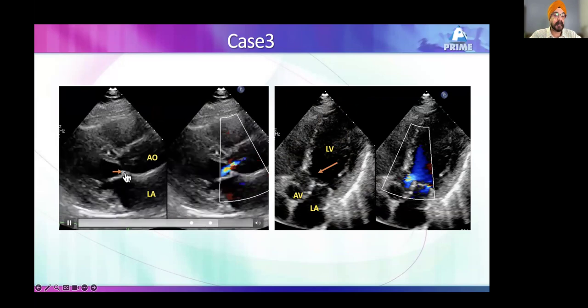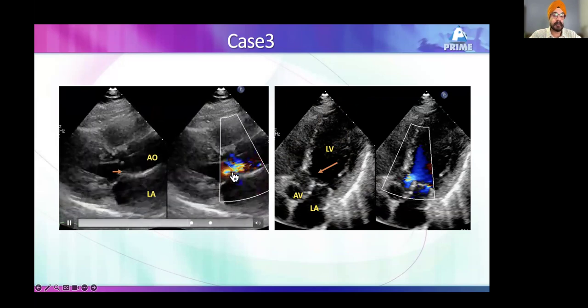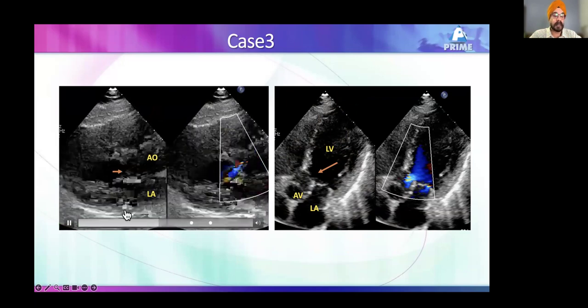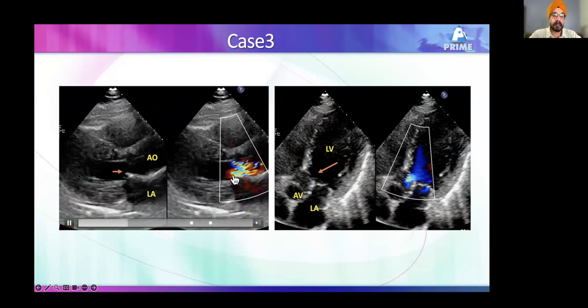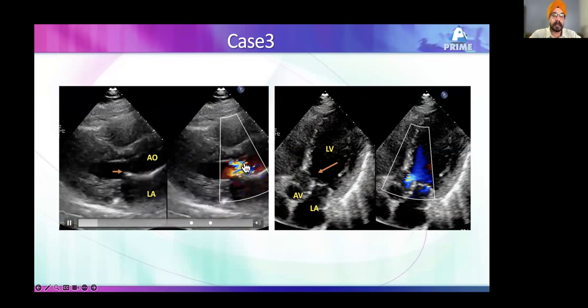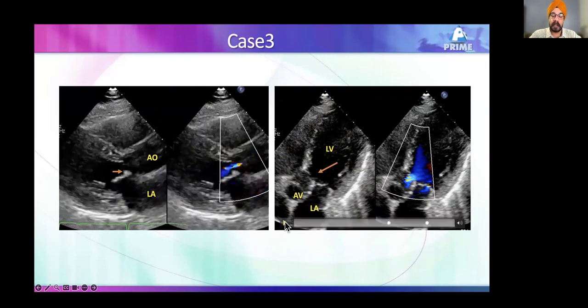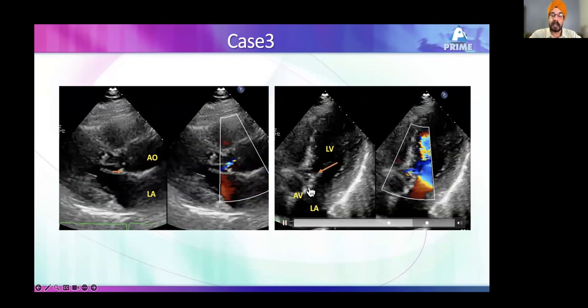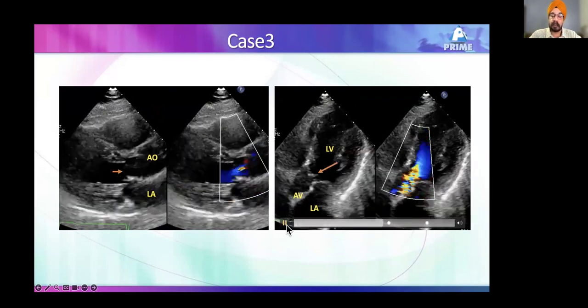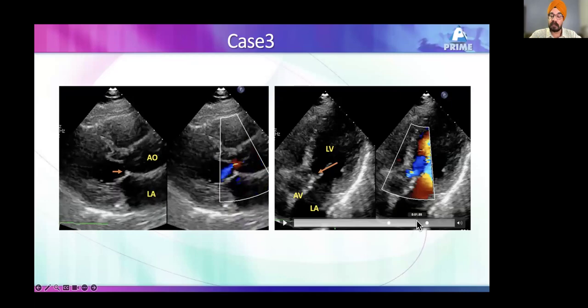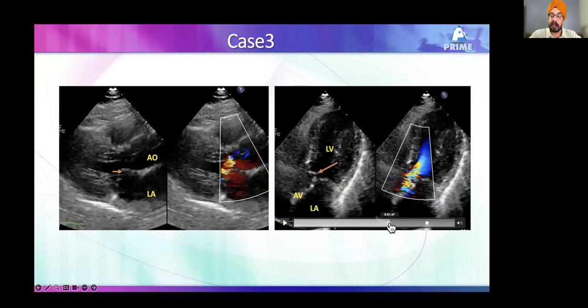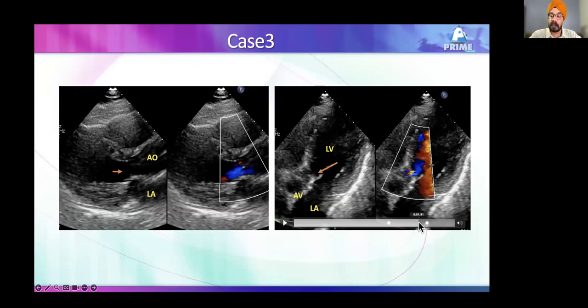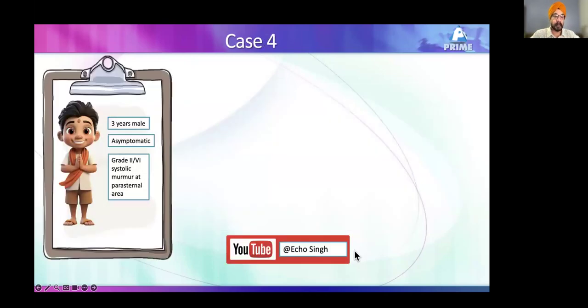You just see the speck here and here, but once you put the color Doppler on, you see the PISA of AS happening here and regurgitation happening there. Another very interesting clue. Again, the same clue. The PISA and this thing are discordant for AS and for the aortic regurgitation.